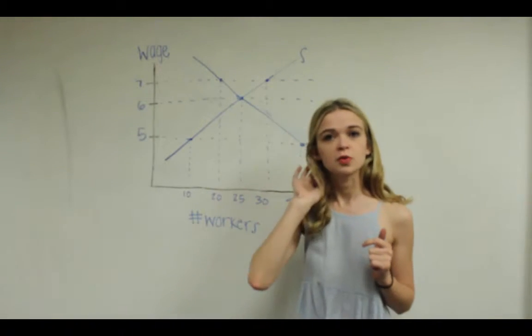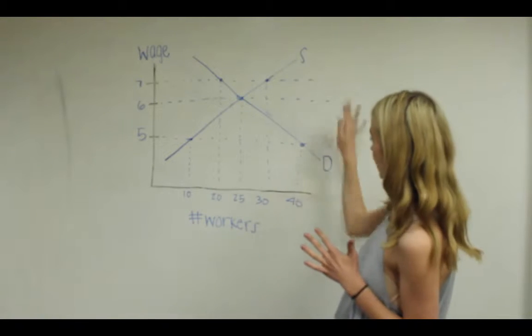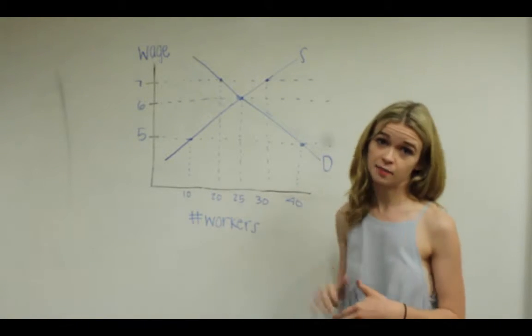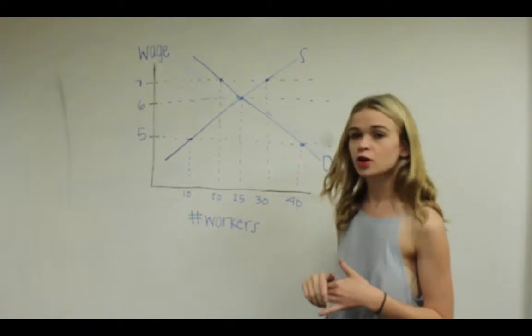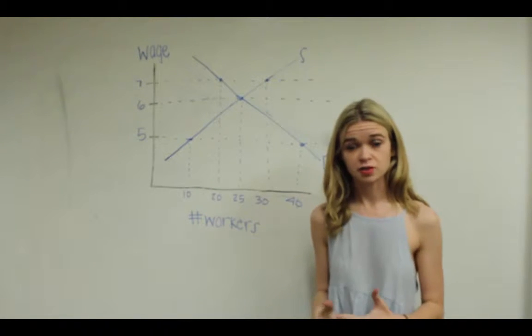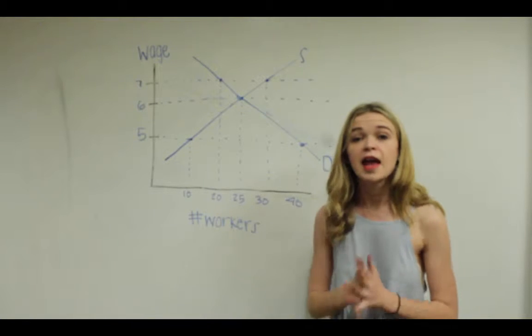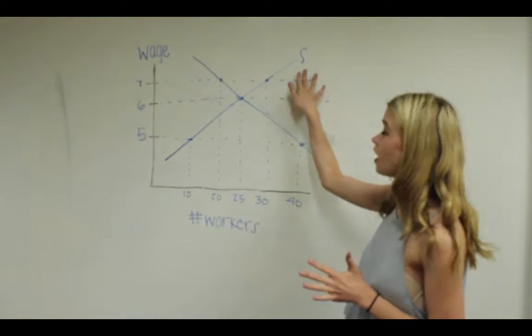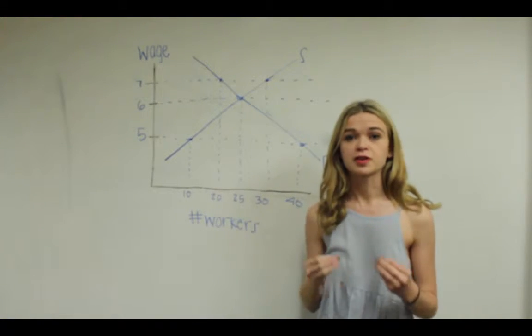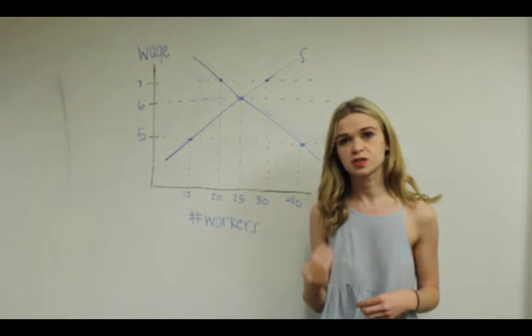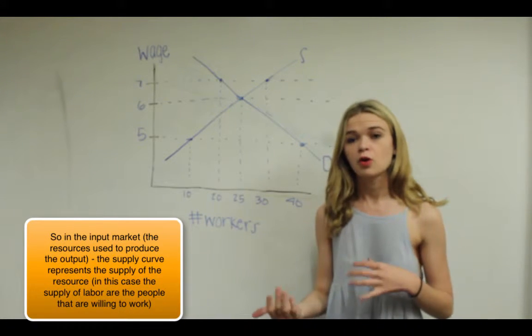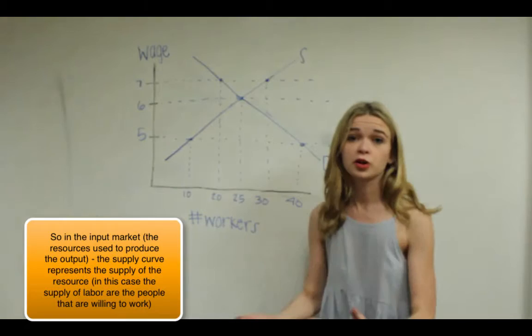Before we start, we need to go over what exactly supply and demand represent in an input market. Normally demand represents the consumer in the output market and supply represents the producer. In an input market, our supply is the labor supply, whoever's supplying the labor. Now, you and I, we go and we work for companies.